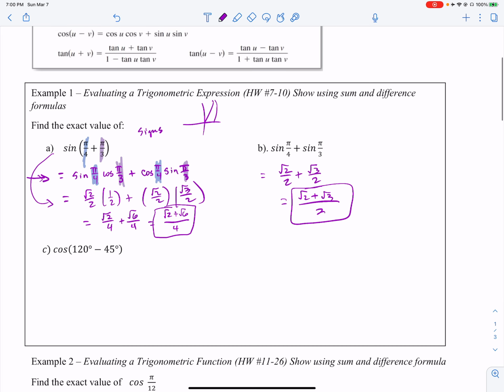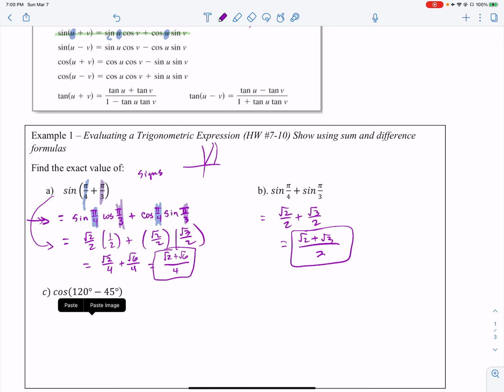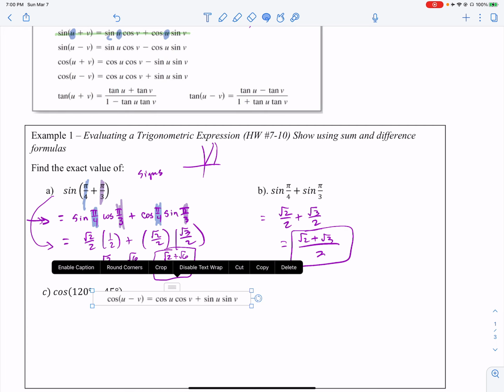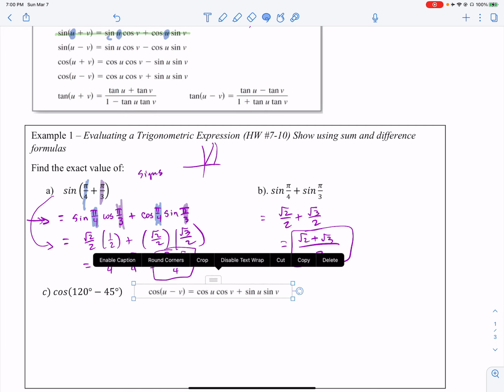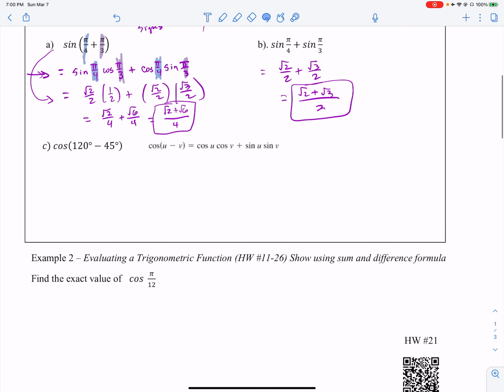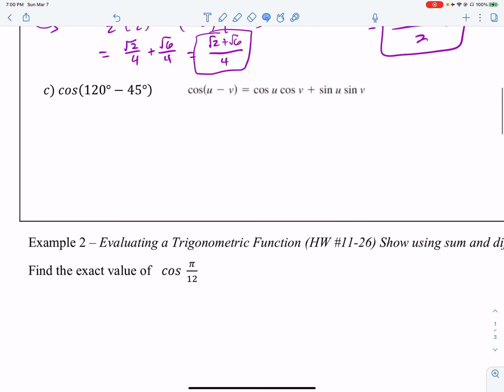Okay, so now we have a cosine, and we have cosine of a difference. So I'm going to copy it and paste it right here and move it so that I can have that image right here as I scroll up.